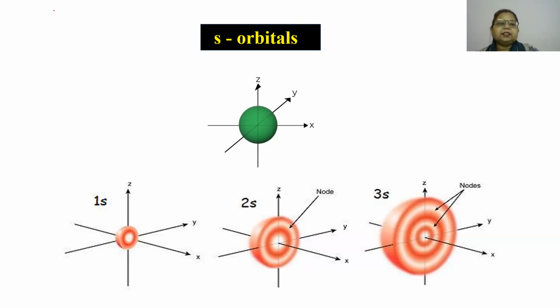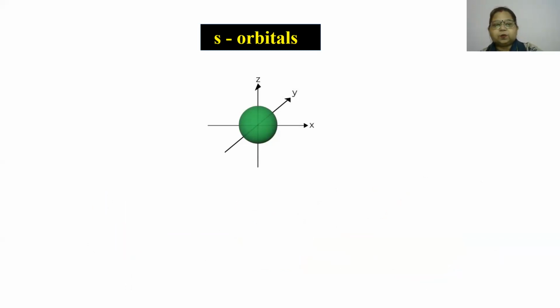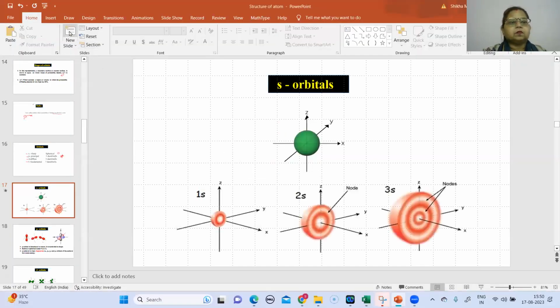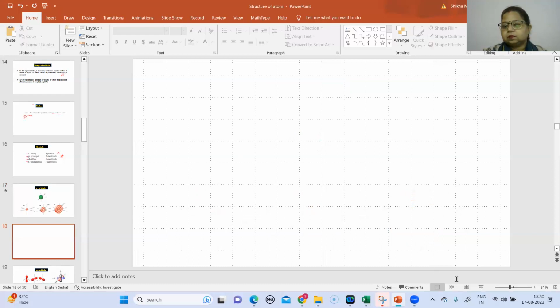Now, here comes the role of nodes. Before that, let us understand if we number our orbits. I will take up another blank slide to explain this. Please pay attention to it very carefully. It is a relationship between orbits, orbitals, and the number of electrons.